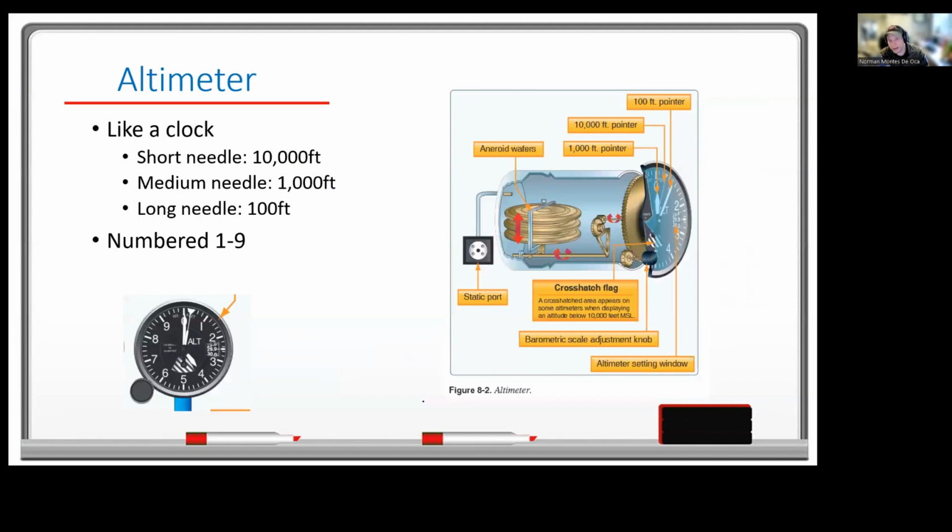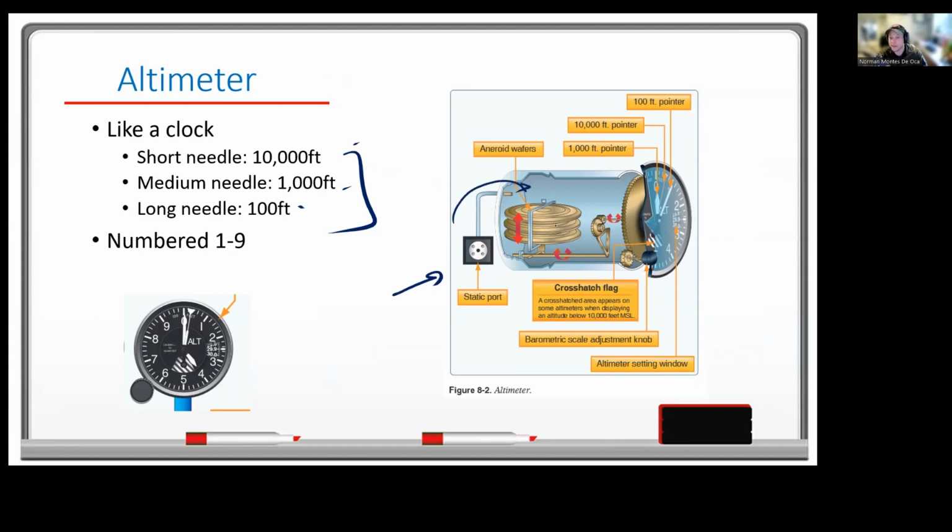Now, your altimeter is another instrument that uses static air or air pressure for indicating your situation in the aircraft. It's read like a clock. There are three needles that indicate 100 feet, 1,000 feet, and 10,000 feet. And they are numbered 0 through 9. Again, it takes static air and it puts it into this chamber here.